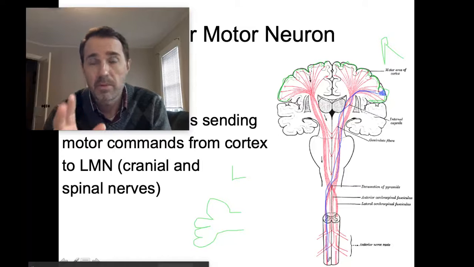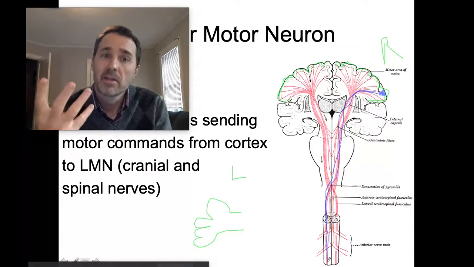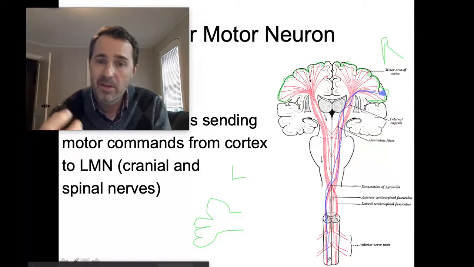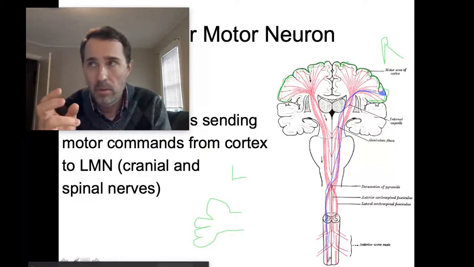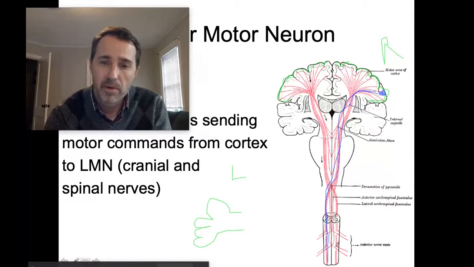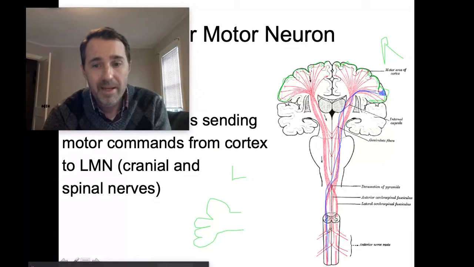So the upper motor neurons are the efferent pathways within the central nervous system, and that includes the brain, the brainstem, decussating in the medulla, and then coming down into the spinal cord. The spinal cord is part of the central nervous system, so the motor pathways within the spinal cord are upper motor neuron. But now this motor plan has to get from my spinal cord out to my hand.